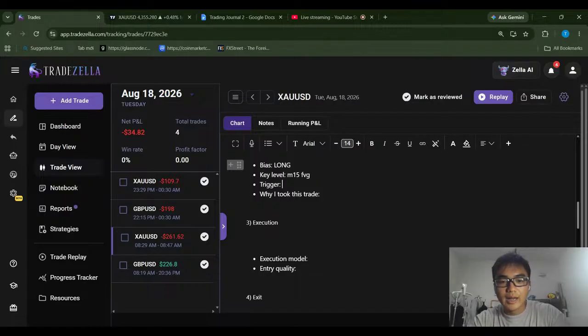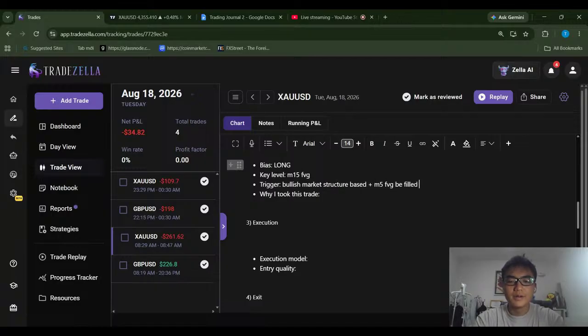The trigger is the bullish market structure base plus the FVG fill.